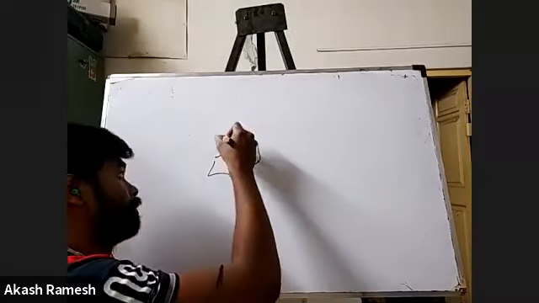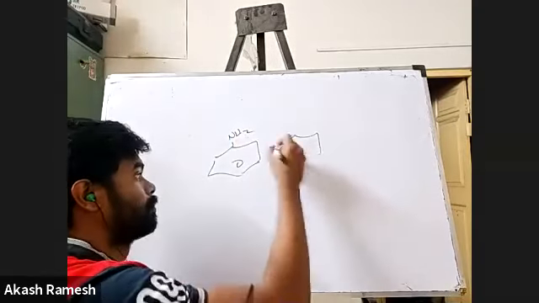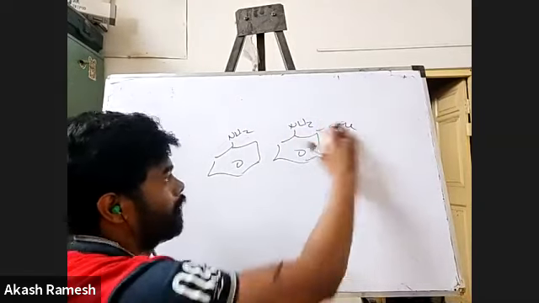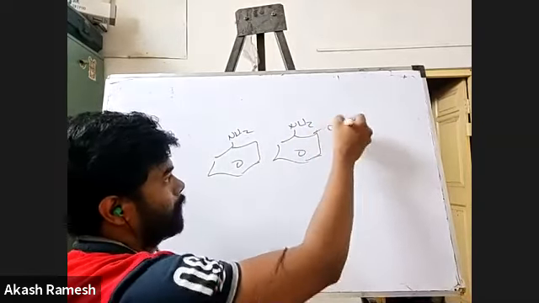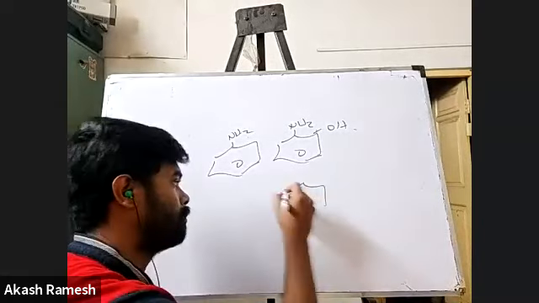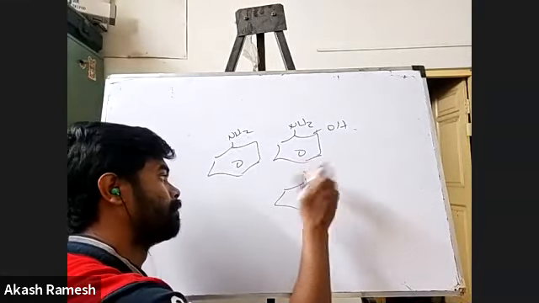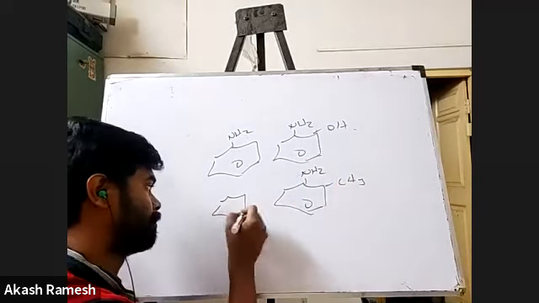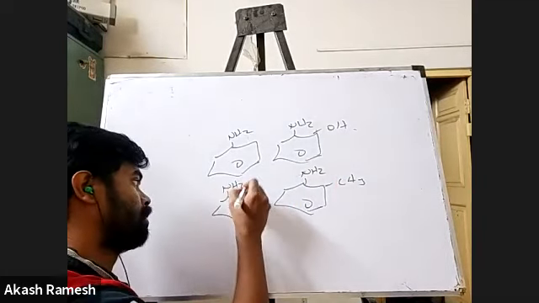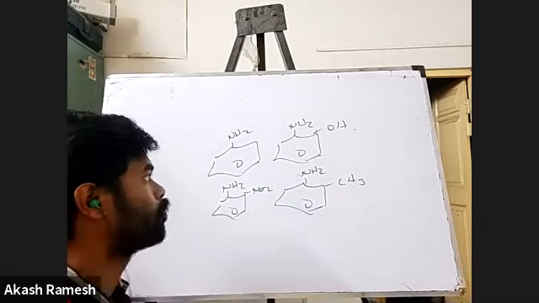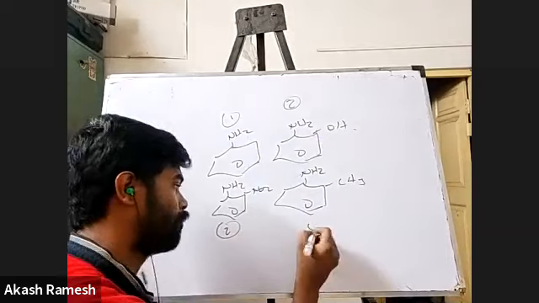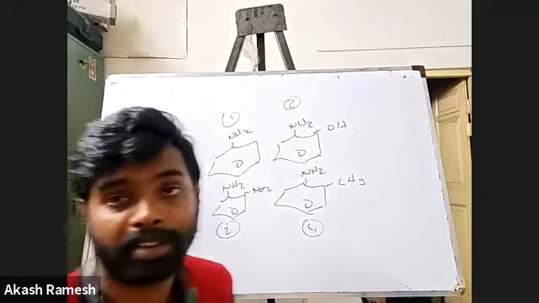So I have NH2 with OH, NH2 with CH3, and NH2 with NO2. Say this is 1, 2, 3, and 4. Arrange them in the order of basic strength.